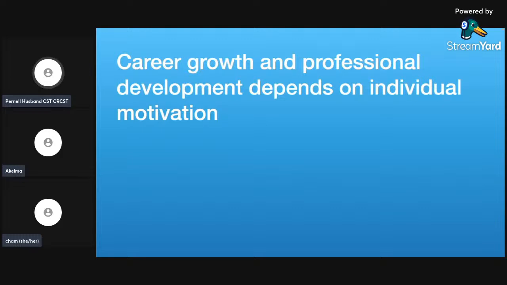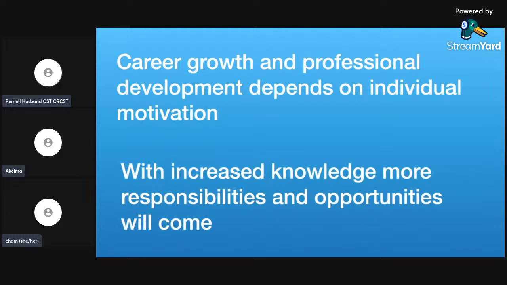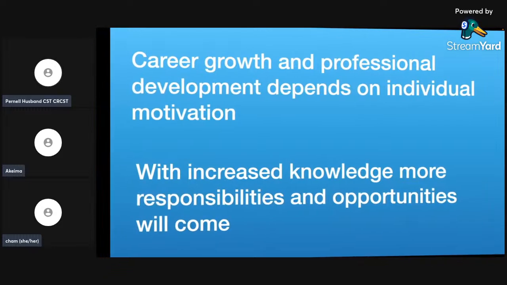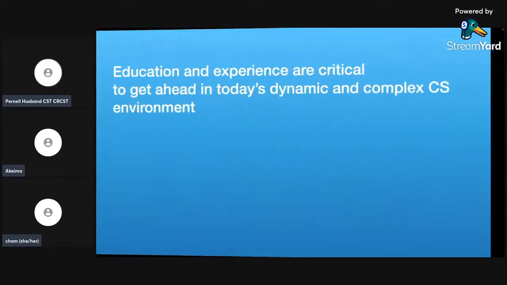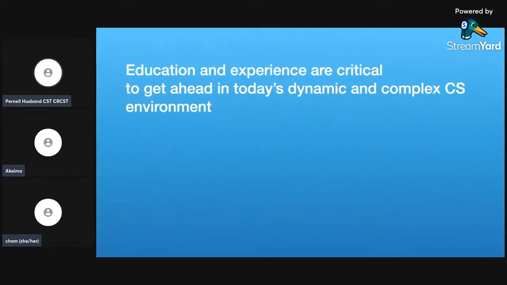Career growth and professional development depends on individual motivation. That is across the board. With increased knowledge, more responsibilities and opportunities will come. We talked about that career ladder and preparing yourself to move up within the field if that's something that you choose to do.